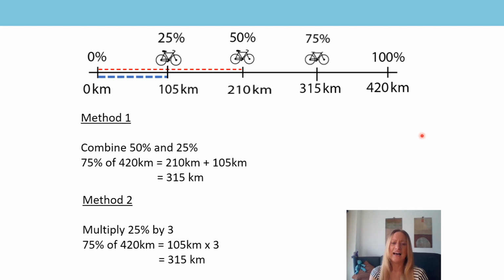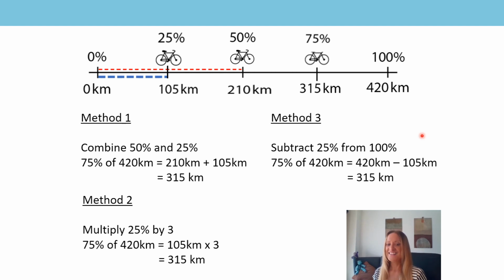Just wondering, I think some of you might have done it slightly differently. Did anybody do this? Did anybody subtract 25% from 100%? Why might I do that? Ah, brilliant. Yes, because we know that 100% is 420 and 75% is 25% less, isn't it? So he needs to cycle another 25% to do the full journey.